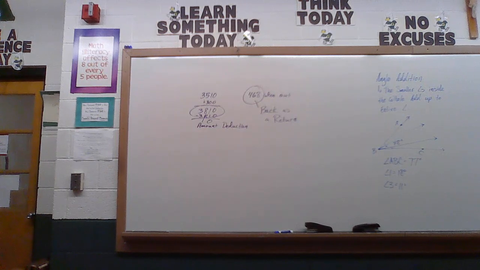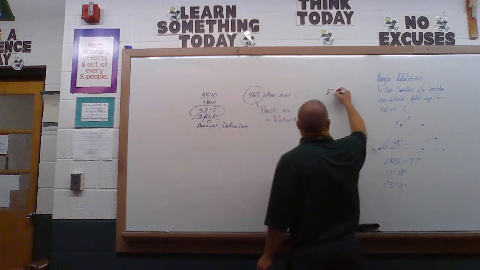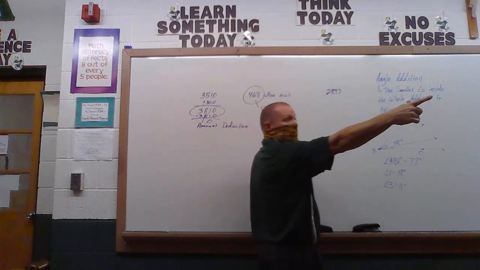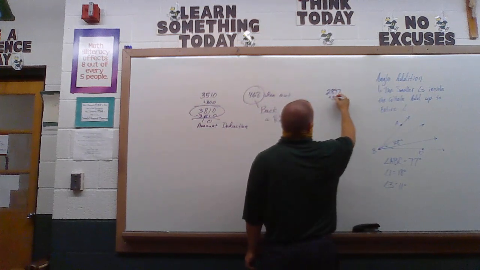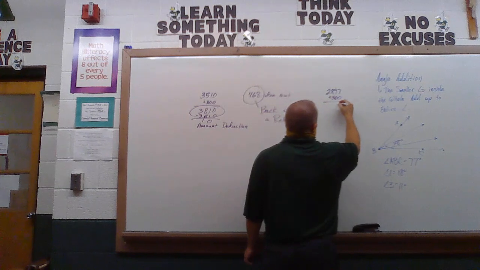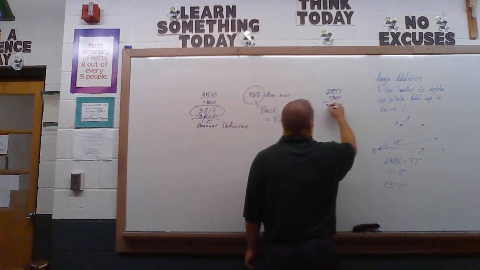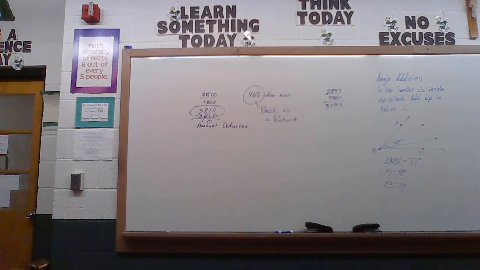Okay, so if I do this, I'm going to take my $2,897 and add what to $2,897? 300. So $2,897, because it's in that middle category up there, I'm adding $300. So that is my deductions, right?